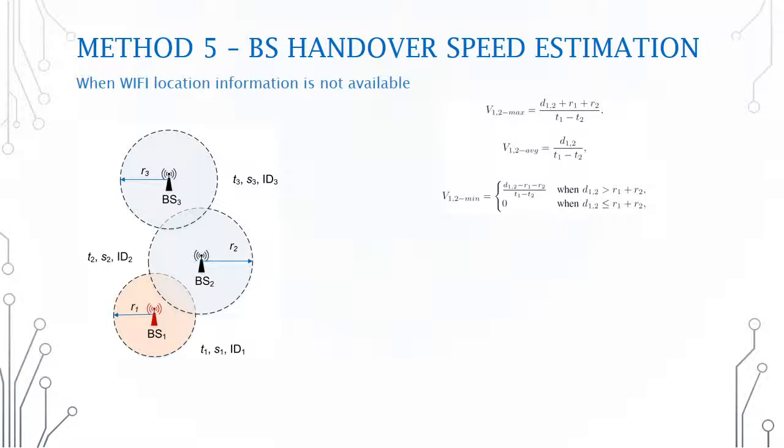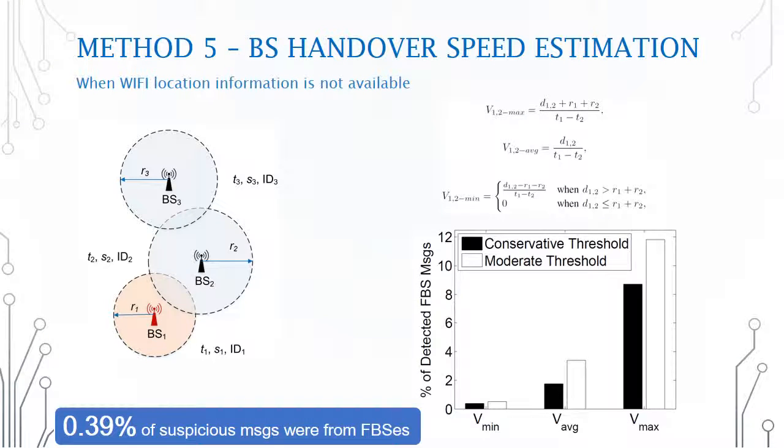When all these three, max, min, and average estimate, are subject to some conservative and moderate threshold, we would be able to determine if the messages are in fact from the fake base stations or the legitimate base station. And this is actually quite effective compared to the first 3 methods, with a detection rate of about 0.39 percent of suspicious messages identified as coming from the FBSs. This method again is mostly a complement of method 4.